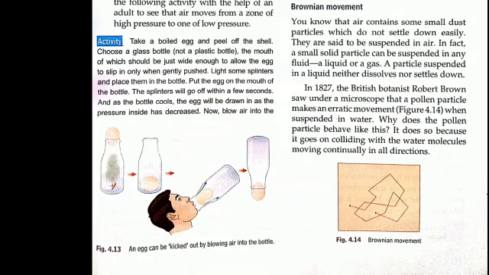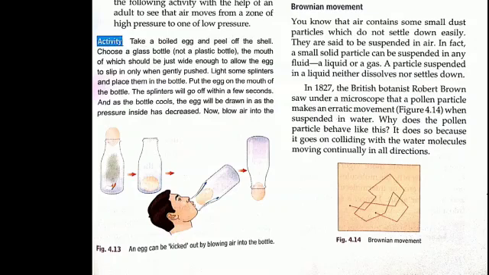Why does the pollen particle behave like this? It is because it goes on colliding with the water molecules, moving continually in all directions. Colliding means hitting something.